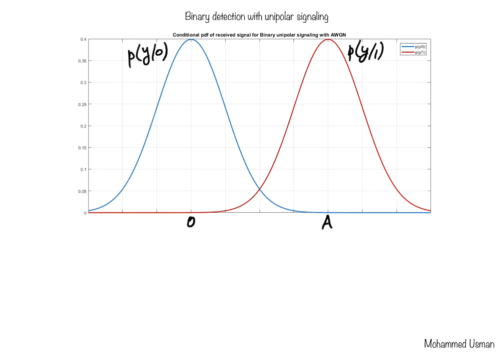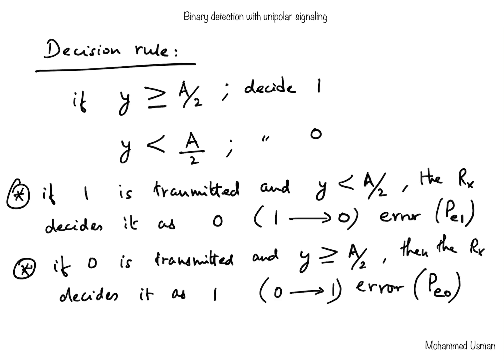Next we have our decision rule, which is the intersection of these conditional PDFs. Let me use a thicker line. So that's our decision threshold, and our decision rule, as we stated earlier, is that if the received signal y is greater than or equal to the threshold, the receiver will decide it as a 1.